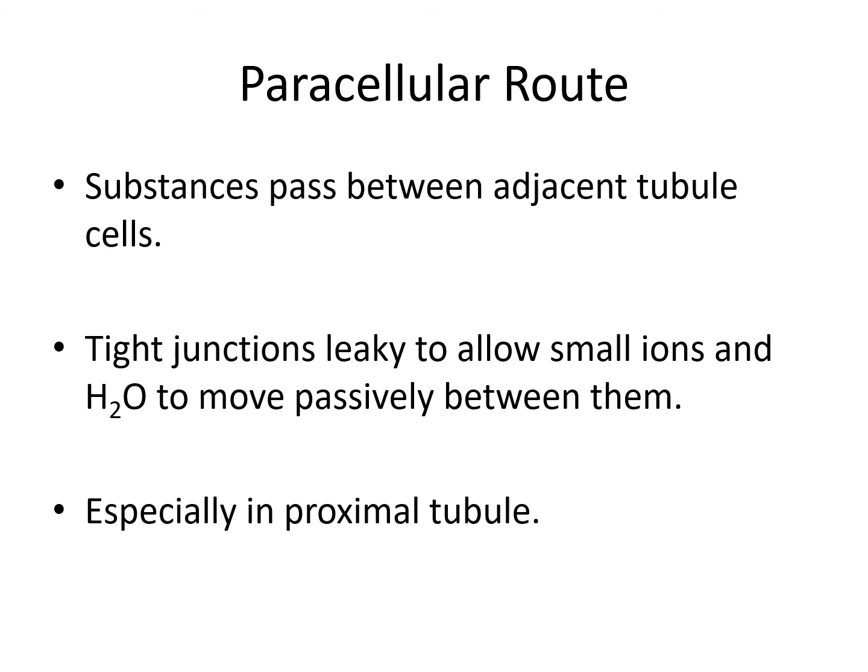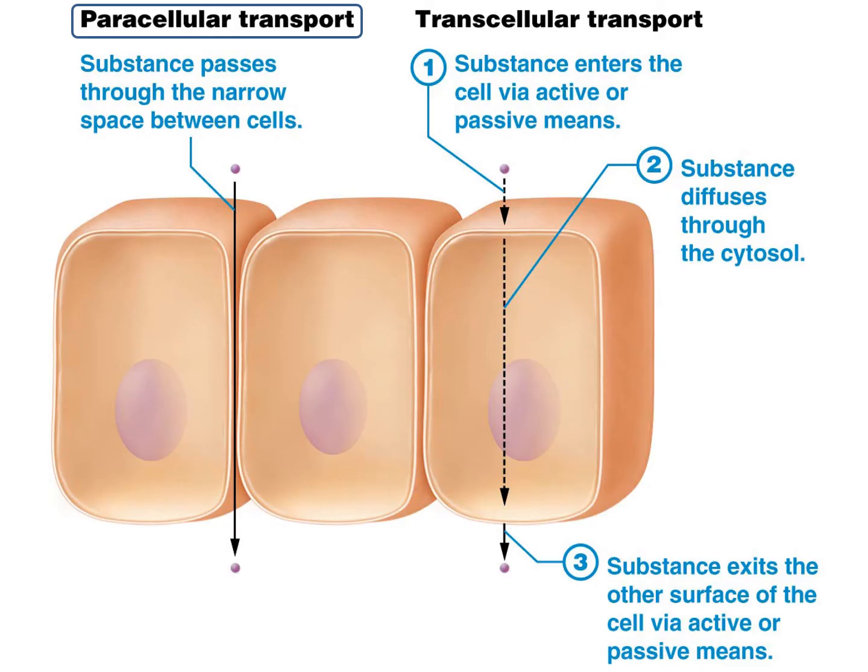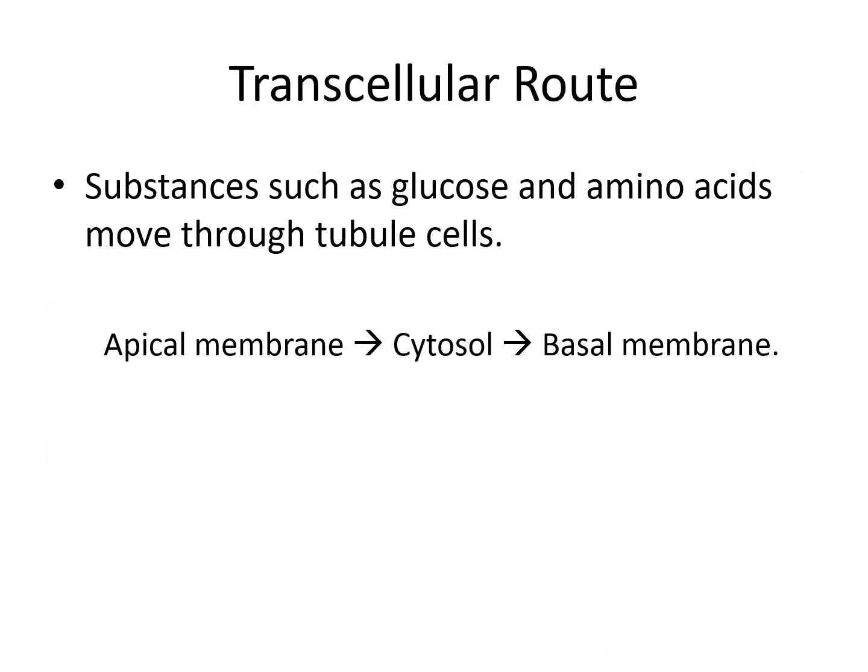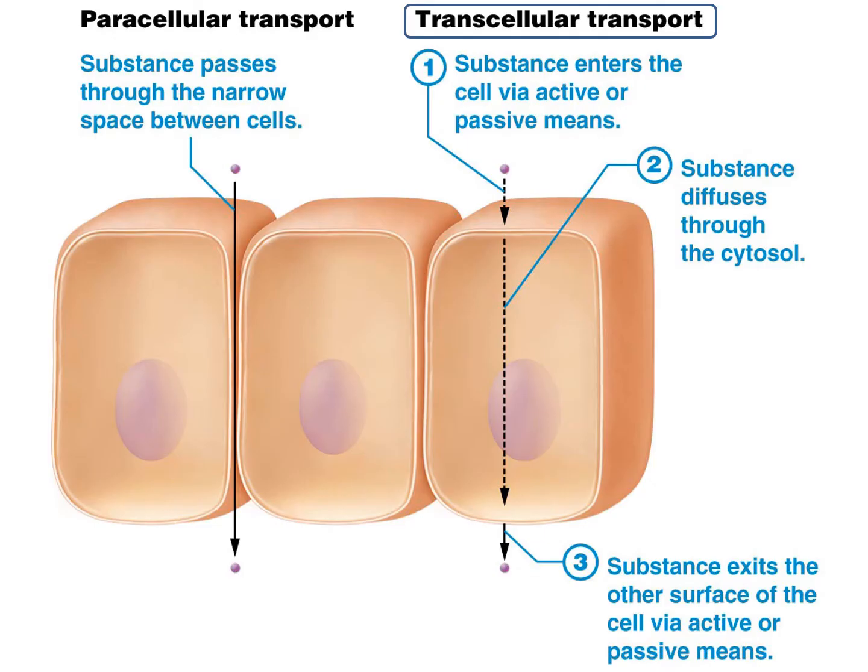And this is especially so in the proximal tubule. So you can see in paracellular transport, substances can squeeze between the cells. In the transcellular route, substances such as glucose and amino acids move through tubule cells. So they cross the apical membrane, go through the cytosol, and pass the basal membrane. Okay, so in transcellular transport, they go straight through the cell.